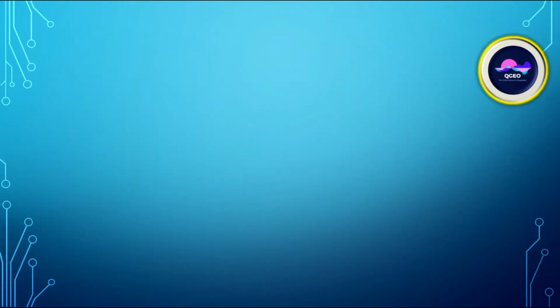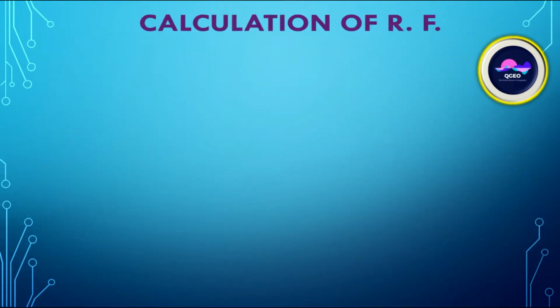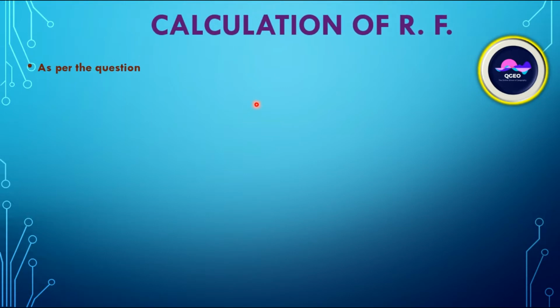So we can proceed. Calculation of RF. Now as per the question, the area 3.1 by 3.2 centimeter has a ground area of 9 square kilometer.